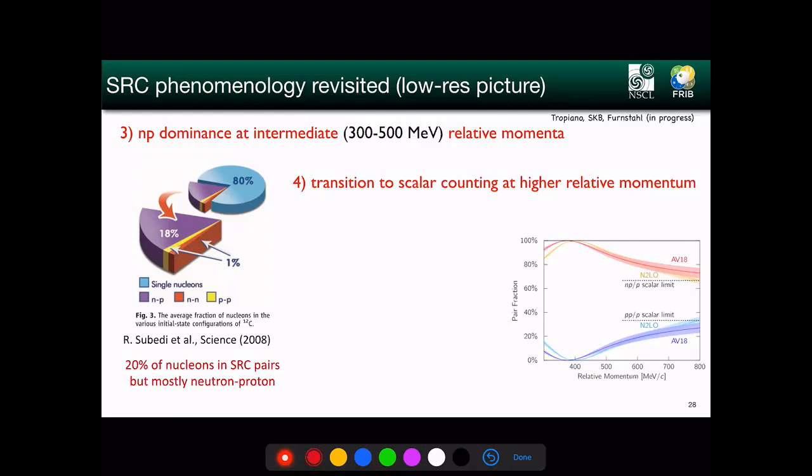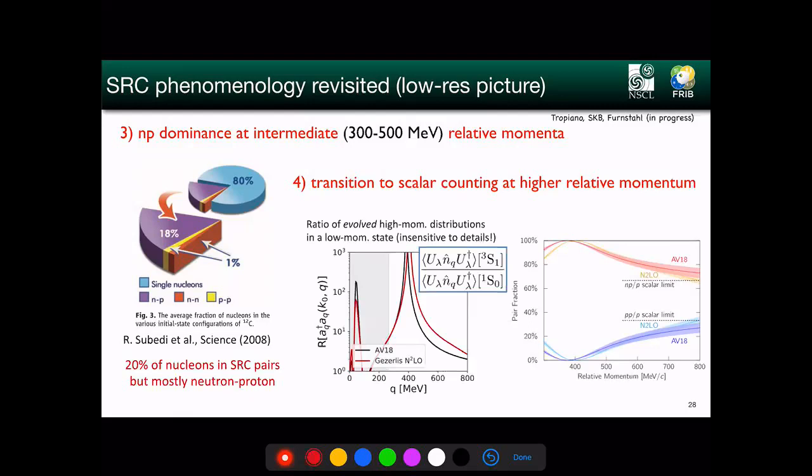All the Q dependence gets factorized into the Wilson coefficient, which is given by two-body physics. And so you can already see this transition just by looking at the ratio of the Wilson coefficients for the evolved operators in the 3S1 channel and the 1S0 channel, since those are the dominant ones which enter. So 3S1 dominates here, and then it transitions to 1S0 down there.